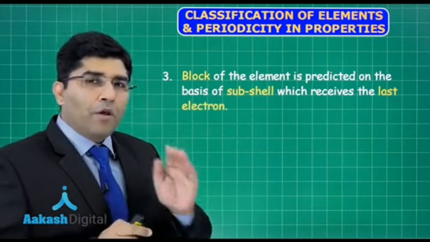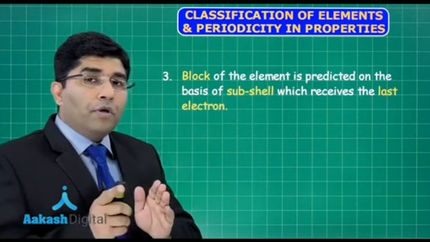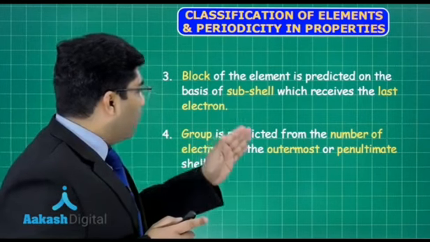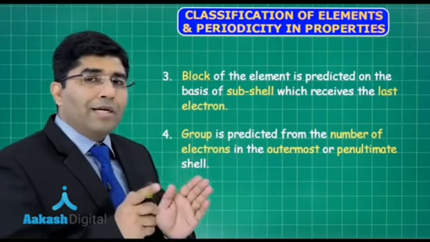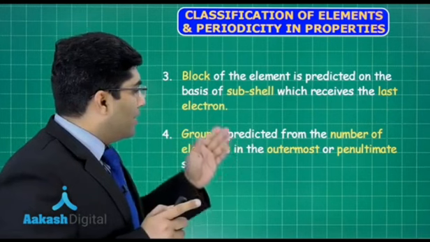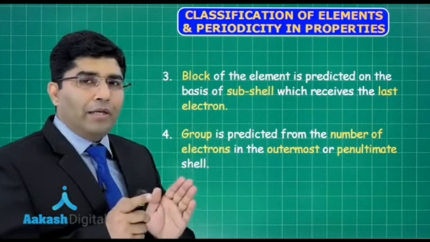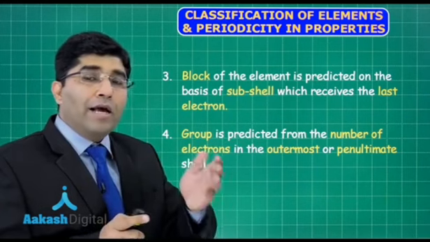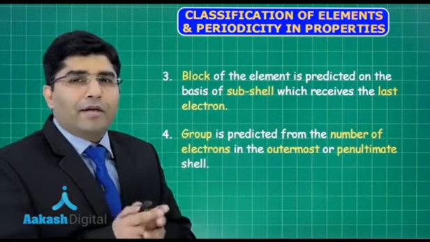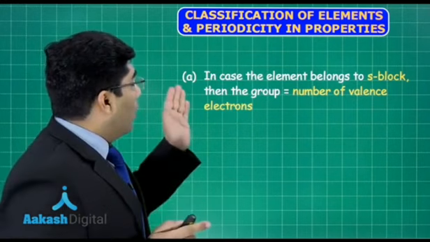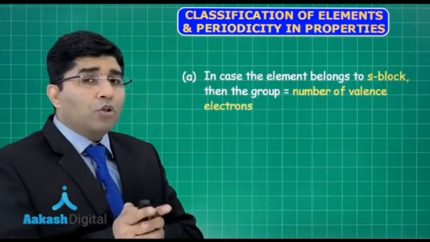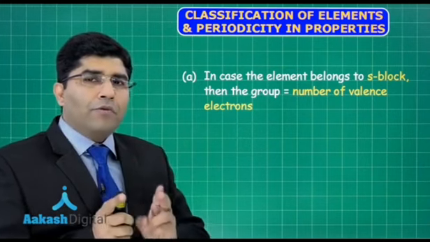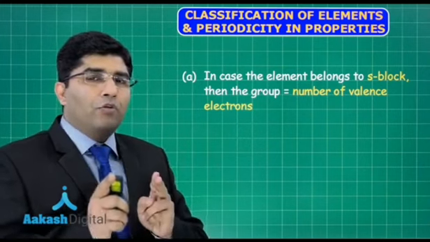Now, for the group, the rule is that we have to find the number of electrons present in the outermost subshells or the penultimate shell. For different blocks, there are different rules. Let us understand. If the element belongs to the s block, the number of electrons present in the s subshell will be the group number.